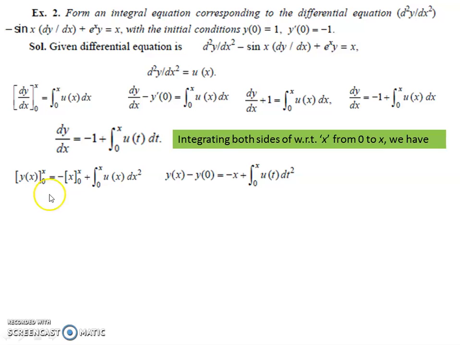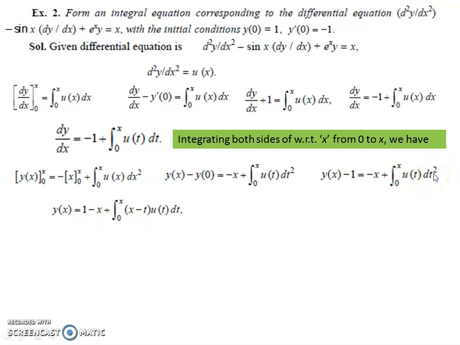So again by the fundamental theorem of integral calculus, y(x) minus y(0) is equal to minus x, 0 remains as such, plus the integral from 0 to x of u(t) dt square. So y(0) is nothing else, it's 1, so I put 1 here. So 1 and shift to this side. So when we shift to this side, this is minus 1 plus 1 minus x, and this is u(t) dt square.